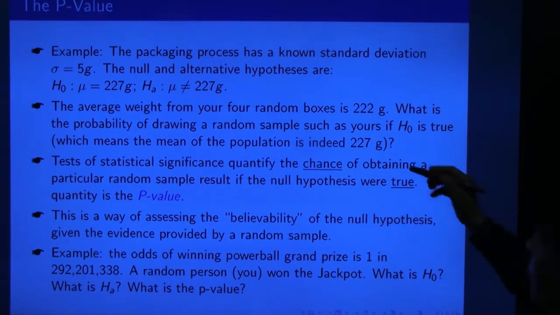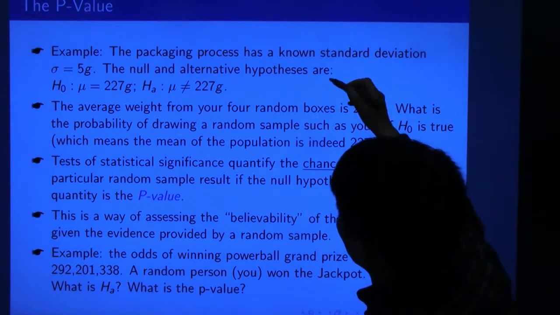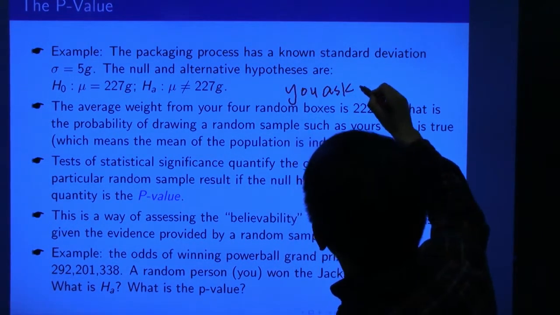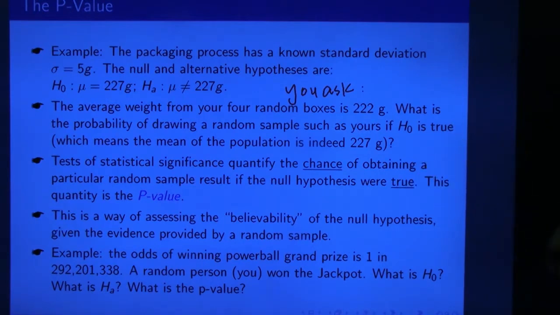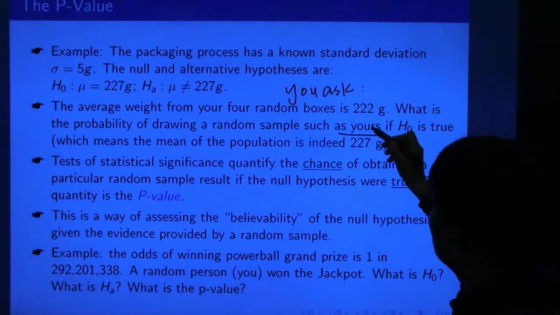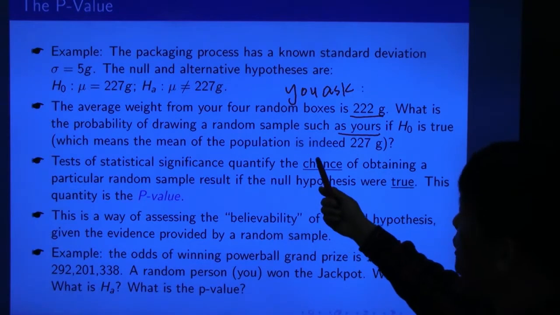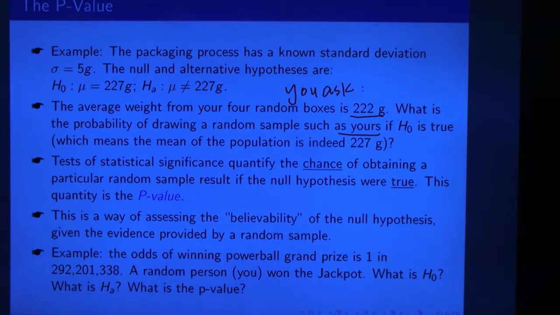Now we need to ask a question. This is important. You ask this: what is the probability of drawing a random sample such as yours? As yours means the mean equals 222, if H0 is true, that means the mean of the population is indeed 227. Let me repeat this.